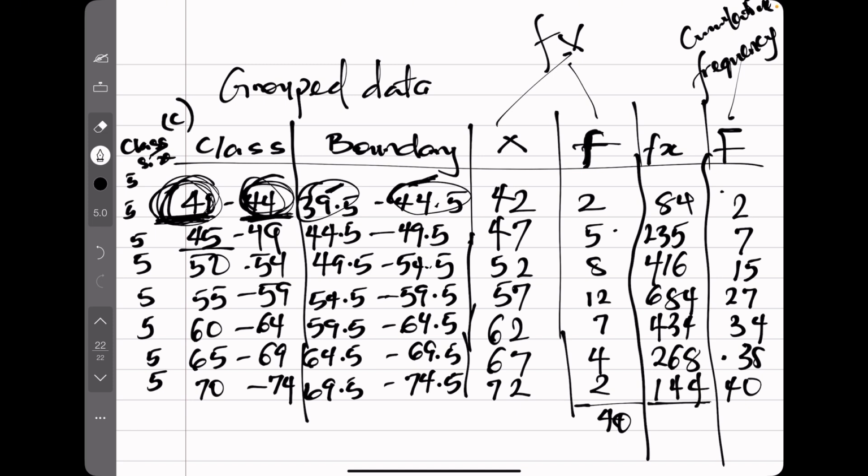Adding all these together, that's 144 plus 268 plus 434 plus 684 plus 416 plus 235 plus 84 would give us 1645.